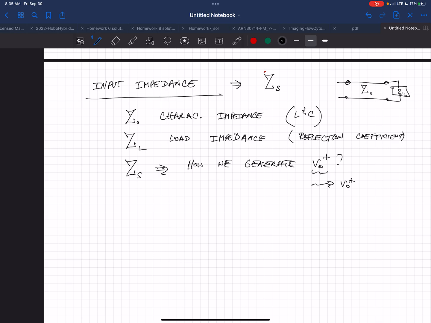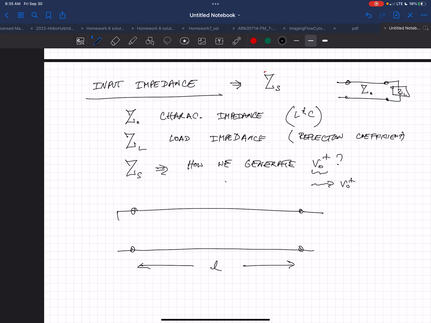All right, so to look at that, I'm going to make some simplifying assumptions. Then we're going to look at whether they're valid or what they mean. Before I get started, we have this transmission line, and instead of a semi-infinite transmission line, we're going to say it has a length L. So we have a source sitting at minus L, and Z equal to 0 is where the load is sitting.